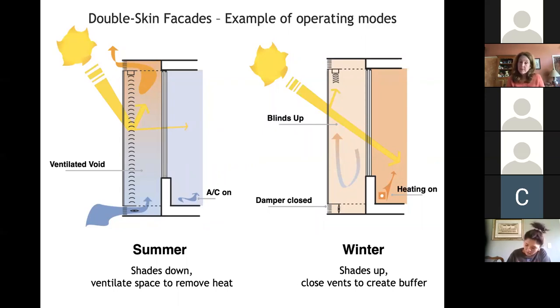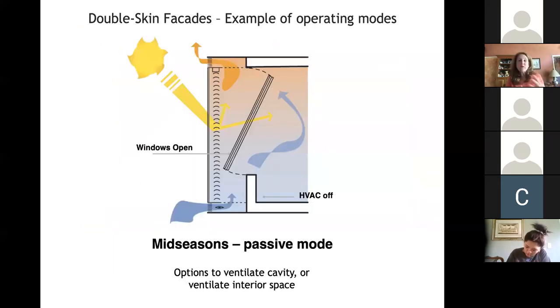Now in the winter, you have the opposite goal, right? You're trying to bring the heat in. So in that case, you might open the blinds, let the sun come in, and you might close the vents on the top and the bottom, so you create this insulated buffer space. And then there's all kinds of ways that you can operate this differently in the mid-seasons, in passive mode.